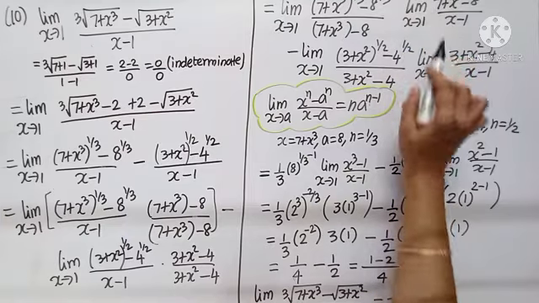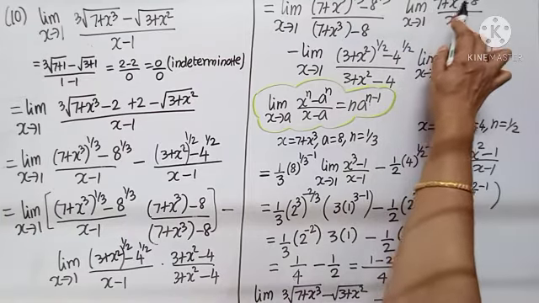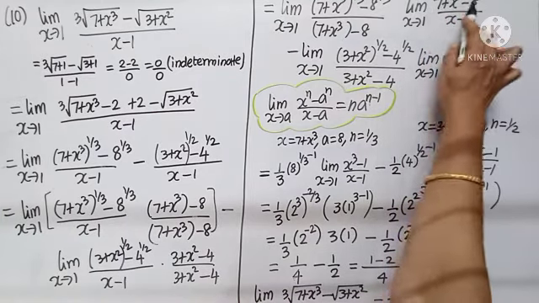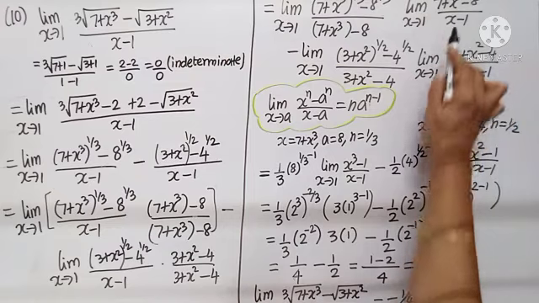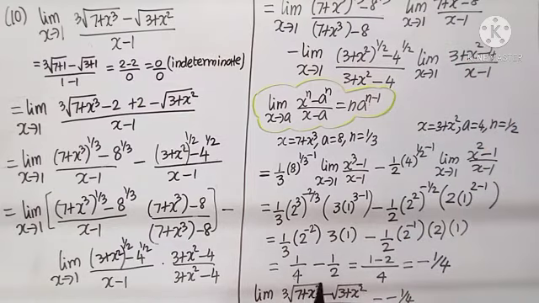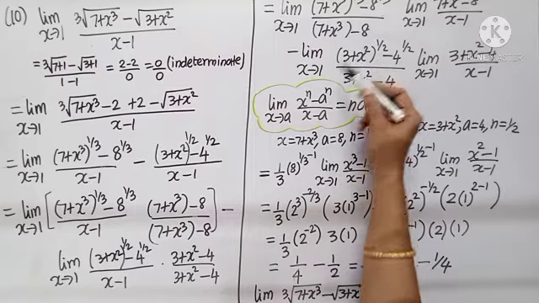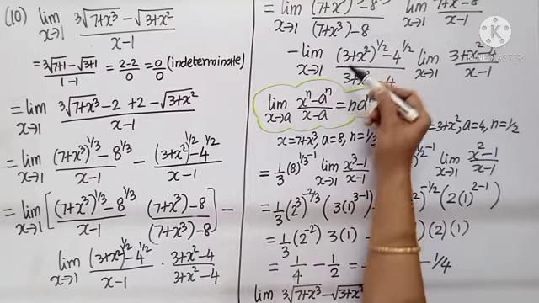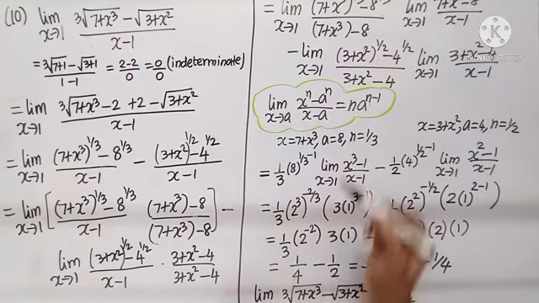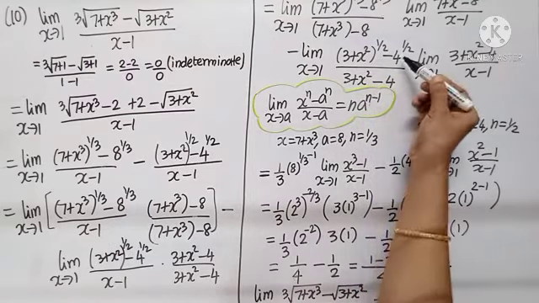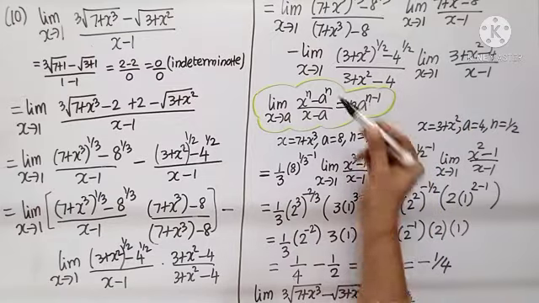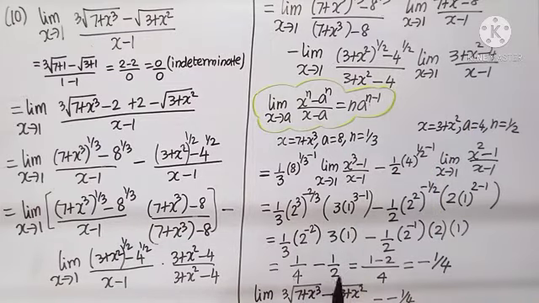Whereas the second, let me simplify. It is x cube, 7 minus 8 is minus 1 divided by x minus 1. For the second term, here wherever x is coming, I have 3 plus x square. Wherever a is coming, I have 4. And the power n is 1 by 2.